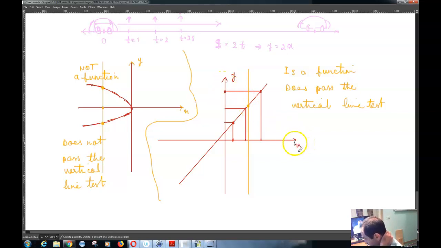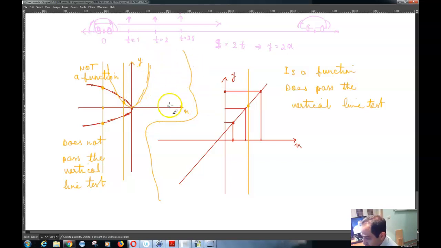X is my independent variable. Y is my dependent variable. Over here, y is not a function of x. This situation over here is not a function of x. But if I had my parabola, for example, something like this, then in this case this would be a function, because this would pass the vertical line test, basically.